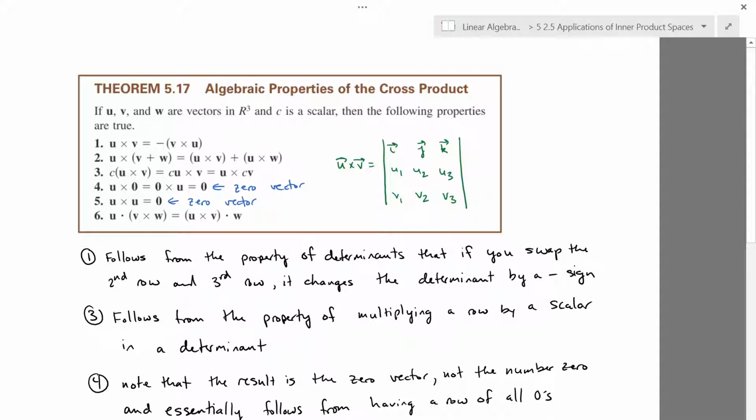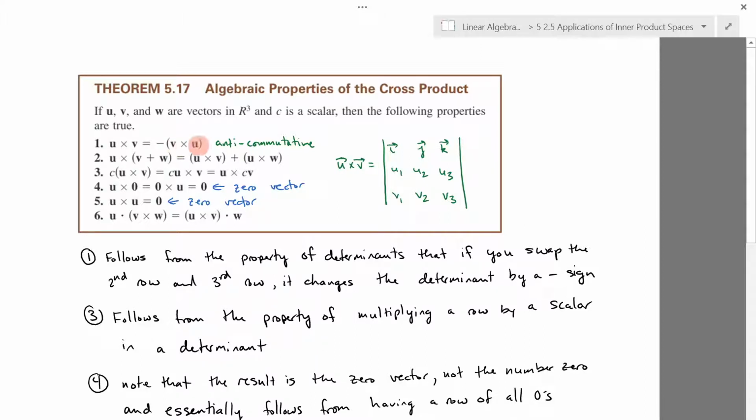Okay, so the first property says that the cross product is not commutative, but it's what's called anti-commutative, where u cross v is minus v cross u. This property follows from the property of determinants.